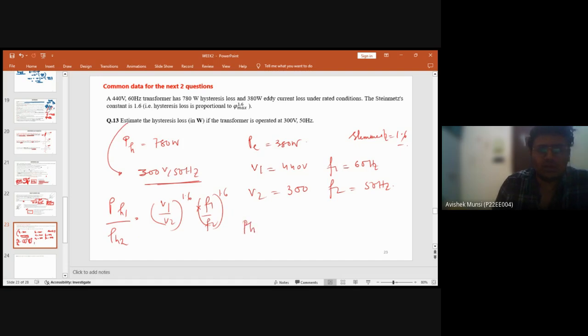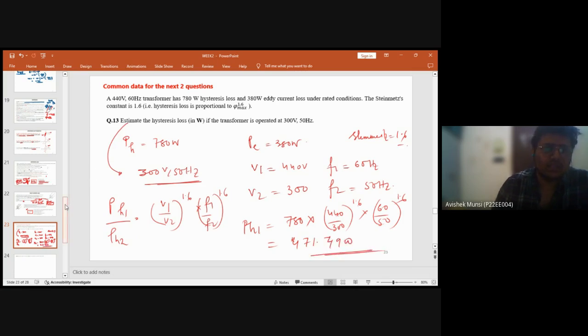So PH1 equal to 780 watt into... so if you solve it, what will be the answer? It will be around 471.49 watt.